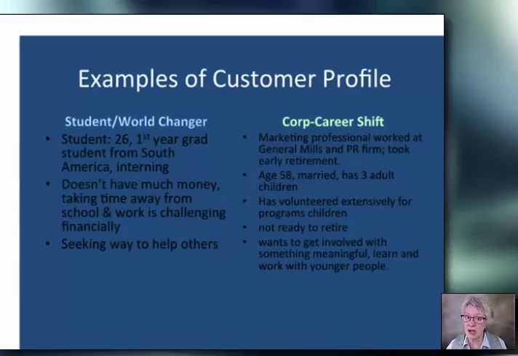So here's examples of a couple customer profiles, just carrying it a little bit farther. So let's just say that one customer is a student who is a 26-year-old first-year grad student from South America who's interning. They don't have much money. And they find that taking any time away from school or work is almost impossible for them to do.